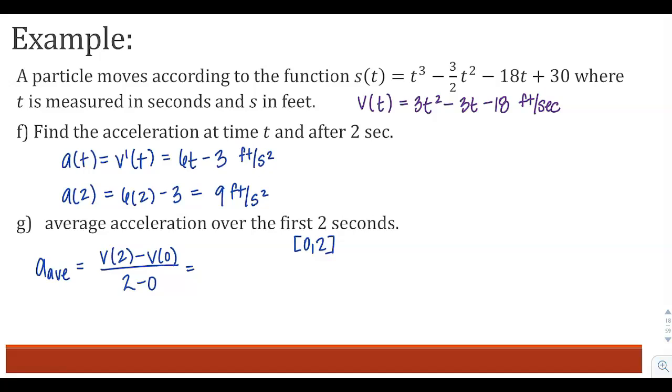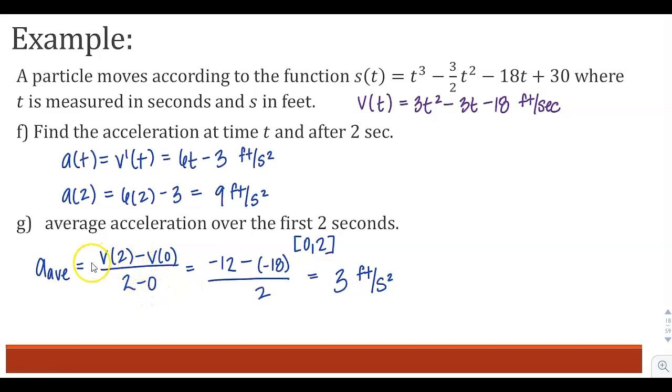To save us some time, v of 2 is negative 12, minus, if I substitute in 0, the t's become 0 and I'll have negative 18 left. So minus negative 18, all over 2. If I change this to a plus, I get 6 over 2, so positive 3. And my units are, again, feet per second squared, because it's an average acceleration.